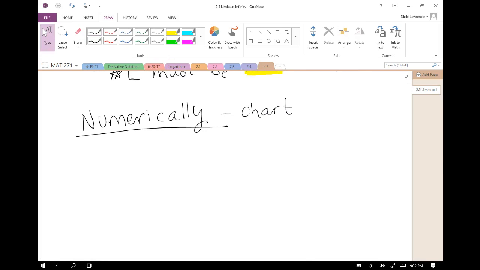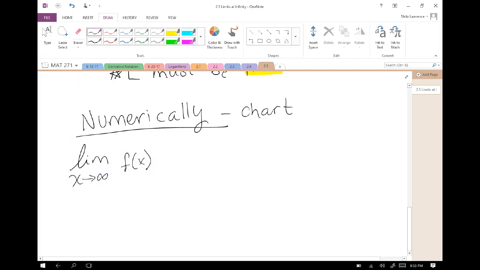So technically, these limits at infinity are one-sided limits. You can only approach positive infinity from one direction. You can't approach positive infinity from bigger numbers, because technically infinity means get bigger forever. So there is nothing bigger than it. So the limit as x approaches infinity, you can only approach it from below.